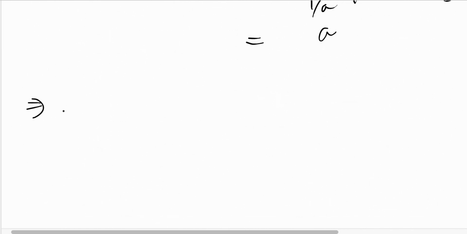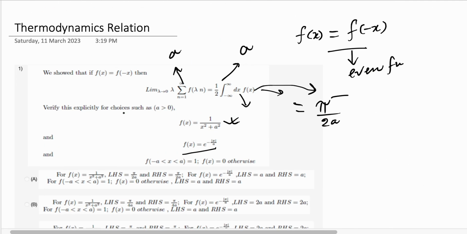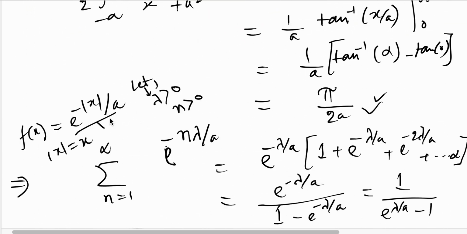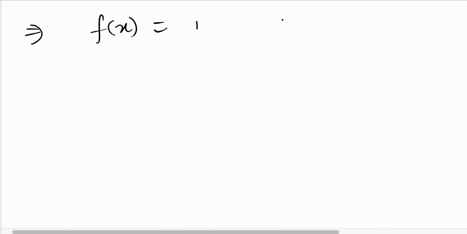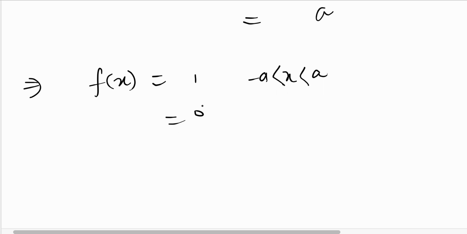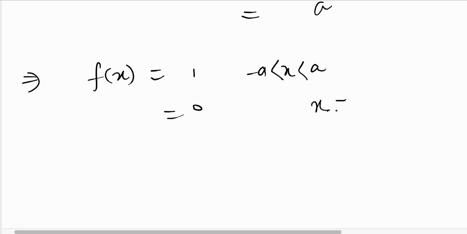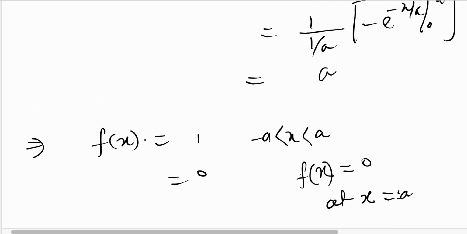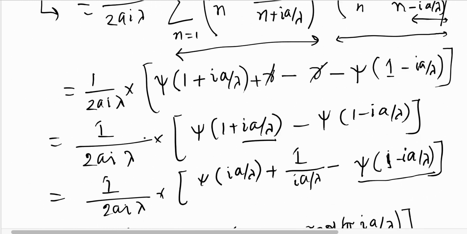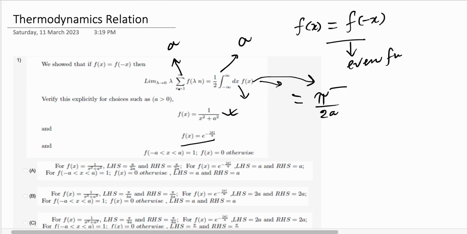The form of the function is f(x) equal to 1 when x remains between minus a and a, and otherwise 0. That means f(x) becomes 0 at x equal to plus or minus a.